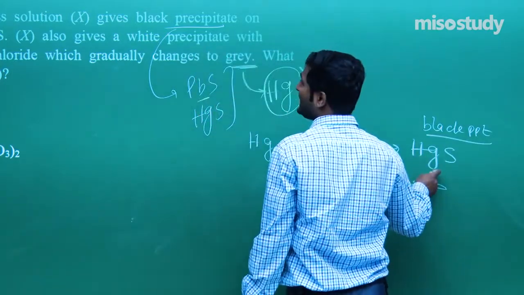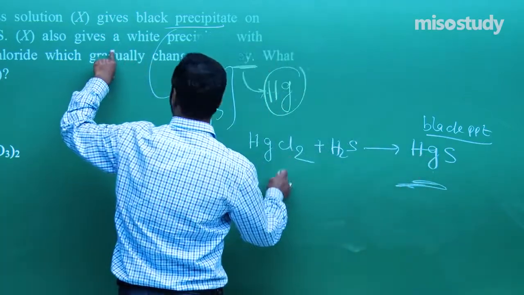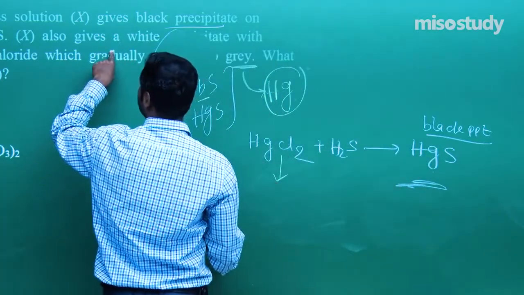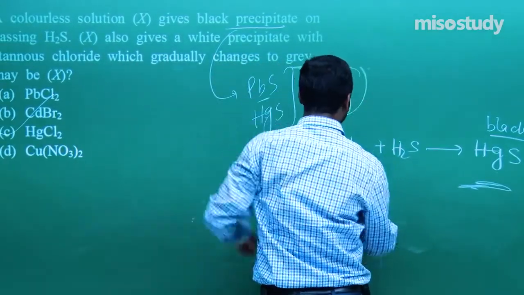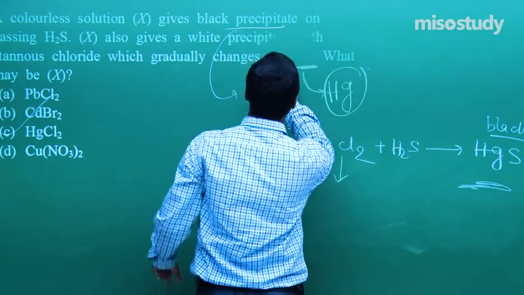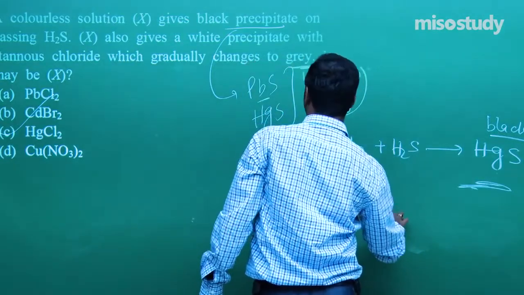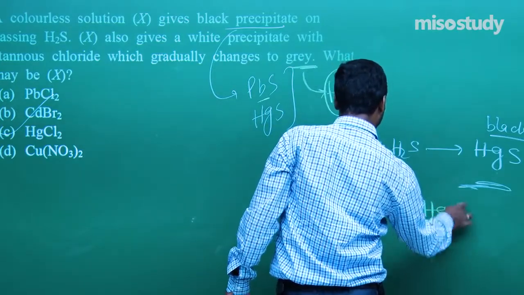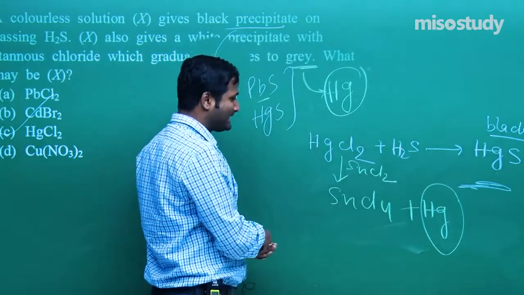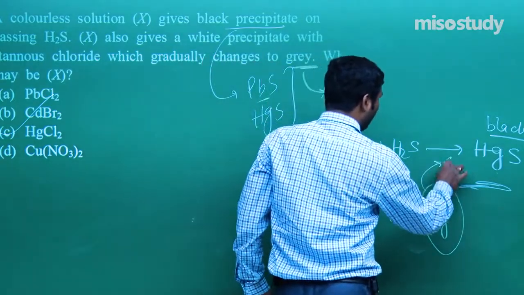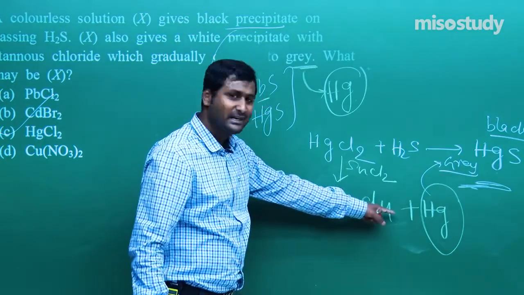Now X also gives white precipitate with stannous chloride, which gradually changes to gray, because it will form SnCl4 and the release of Hg takes place. That is, when treated with SnCl2, it gives SnCl4 plus Hg, and we know this is gray in color. Remember this is gray in color.